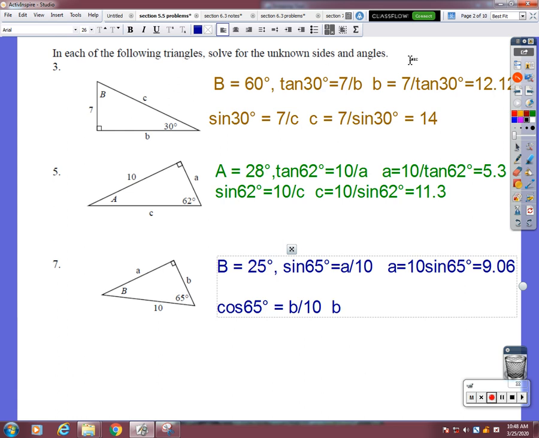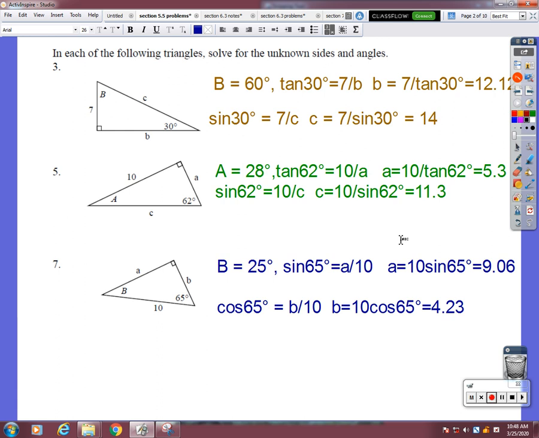So multiply both sides by 10, and B equals 10 cosine 65 degrees, which is, so just changing this to cosine, 4.23.